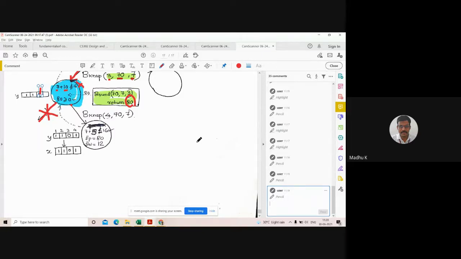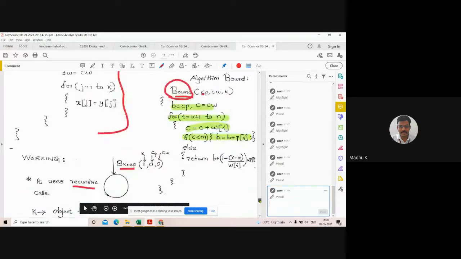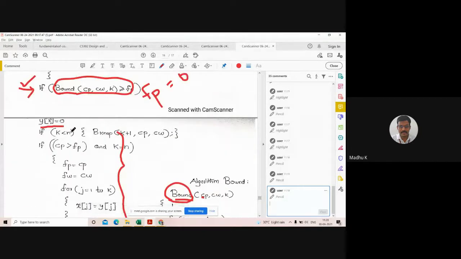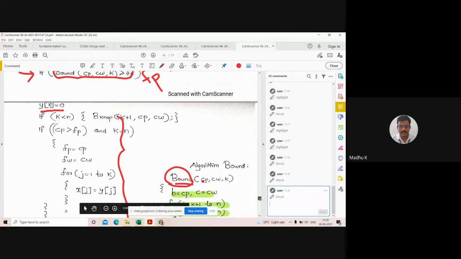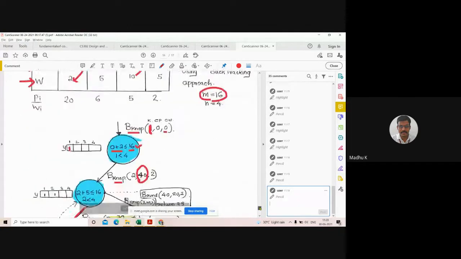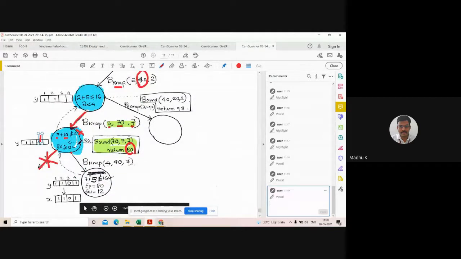Then what will I do next? I reached until here. Then I will check k less than n. In this state, what is k? K is 3. Is 3 less than 4?